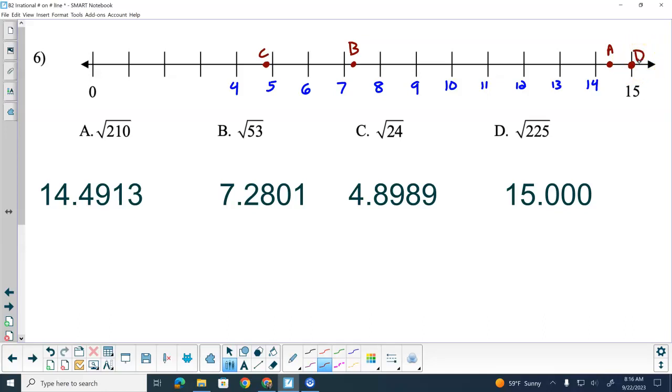Agree with that? Yeah. Placing those then on the number line. Kicker is you've got to find them first.